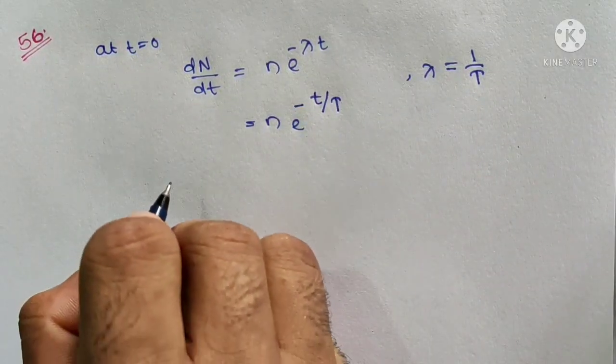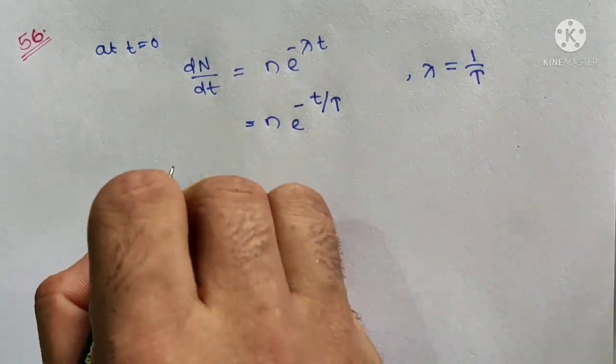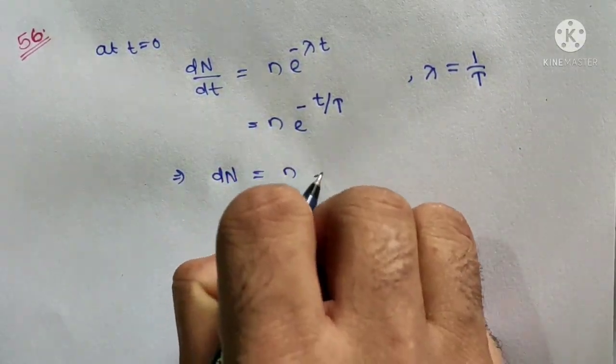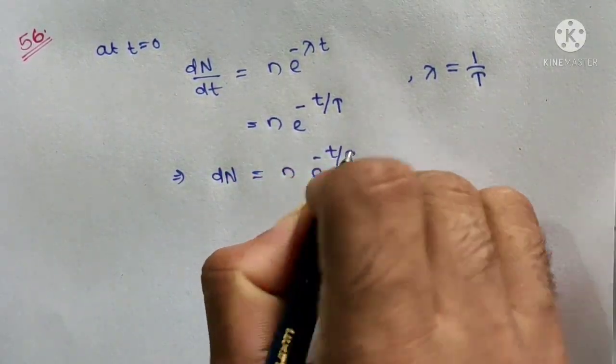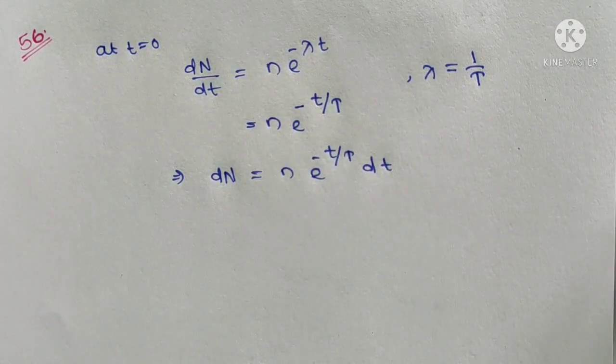Now we have to find the number of decays between time t equal to 0 and time t. So from here dn equals n exponential minus small t over capital T dt. Now take the integration.